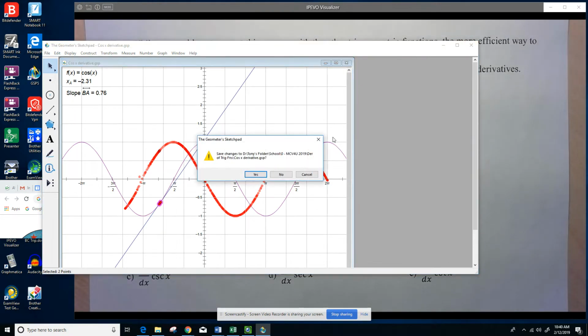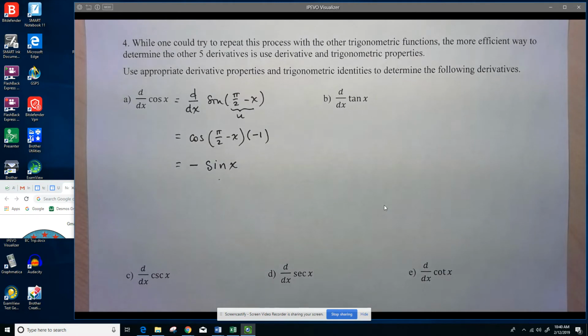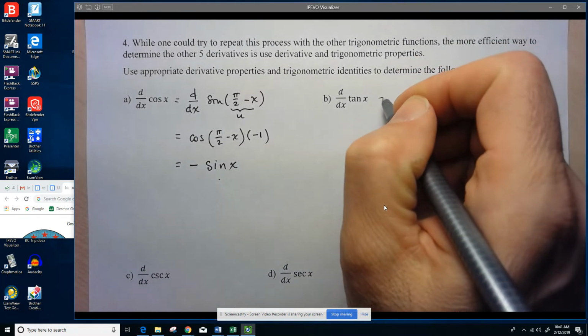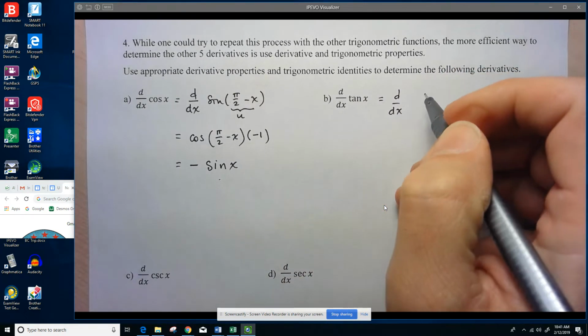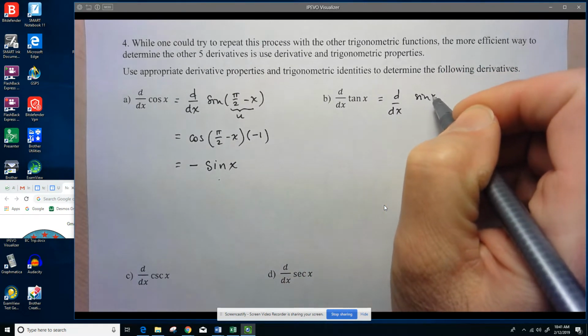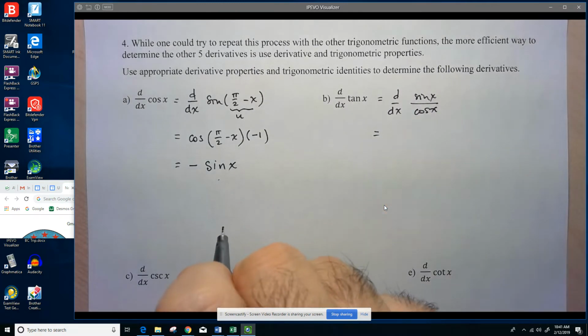So let's now go on to the other ones. Once you have the derivative of cos x, you can now find the derivative of tan x by writing tan as a quotient, sine x over cos x. Let's apply the quotient rule here.